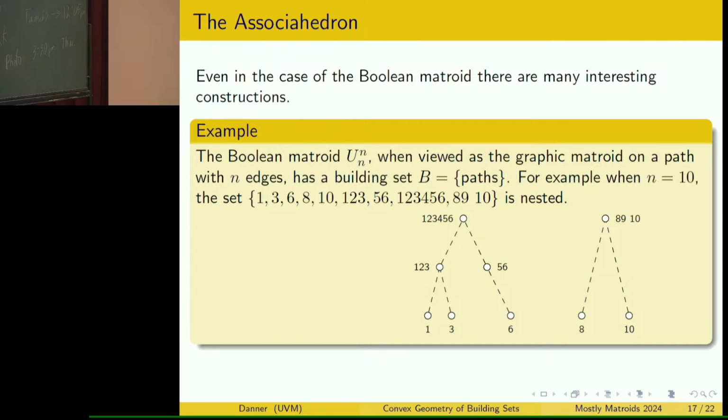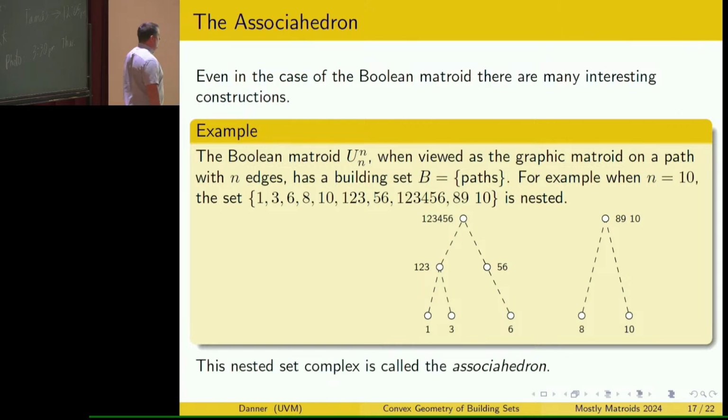Is {1, 3} a path? No. So 1 and 3 forms a nested set. And here's probably an example of where the term nested comes from. You can just see in the picture that there's this kind of upward nested thing happening here. This nested set complex, in this example, is called the associahedron. So even with the Boolean matroid, this seemingly uninteresting matroid, we've already got a lot of interesting combinatorics happening here.